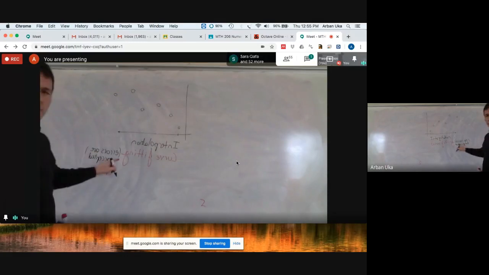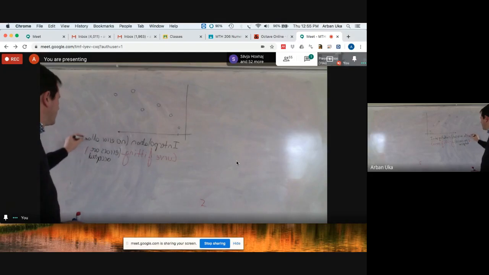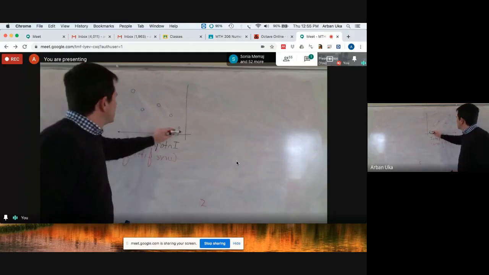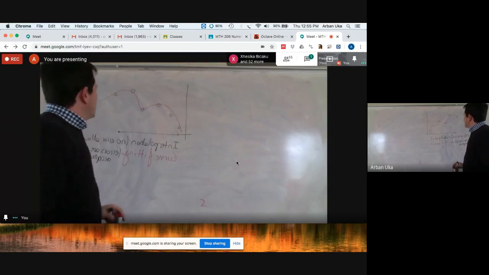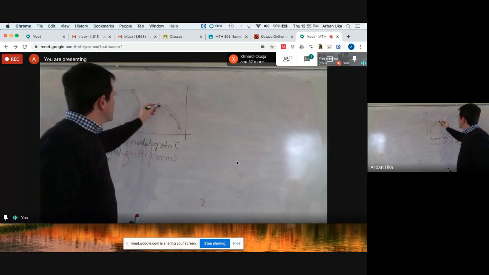I'll explain in a moment what this is, but interpolation, no error allowed. So the curve fitting might be something like this, okay? But interpolation wants this. It's jumping from one function to another, okay?